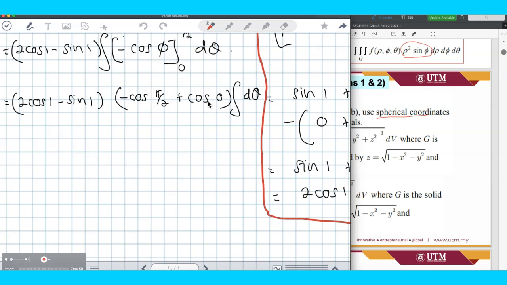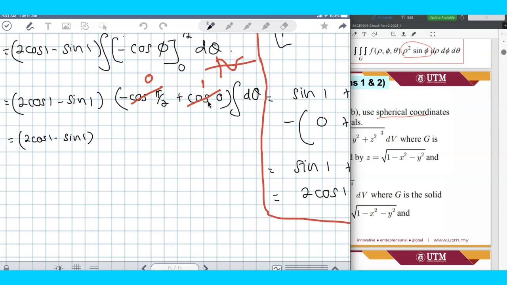What is the graph of cos? Cos 0 will give you 1. Pi over 2, you will get 0. So you will get 2 cos 1 minus sine 1, and we just multiply by 1, and theta from 0 to 2 pi. So 2 cos 1 minus sine 1 times 2 pi.